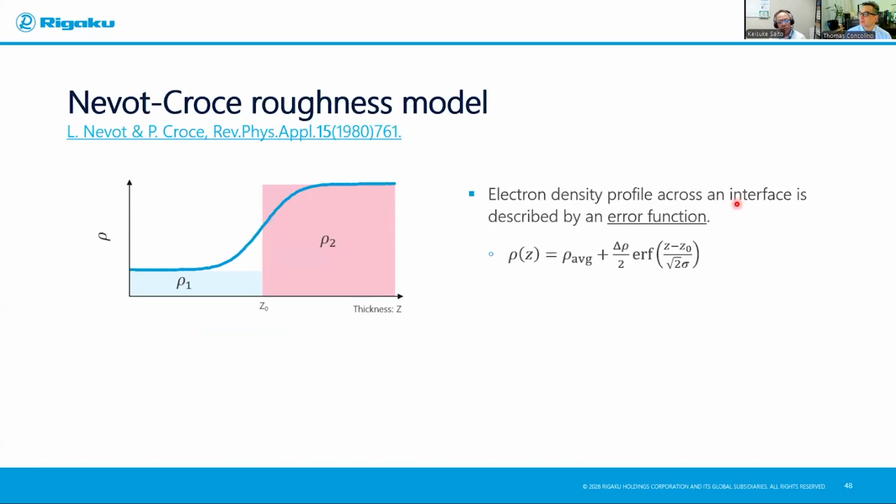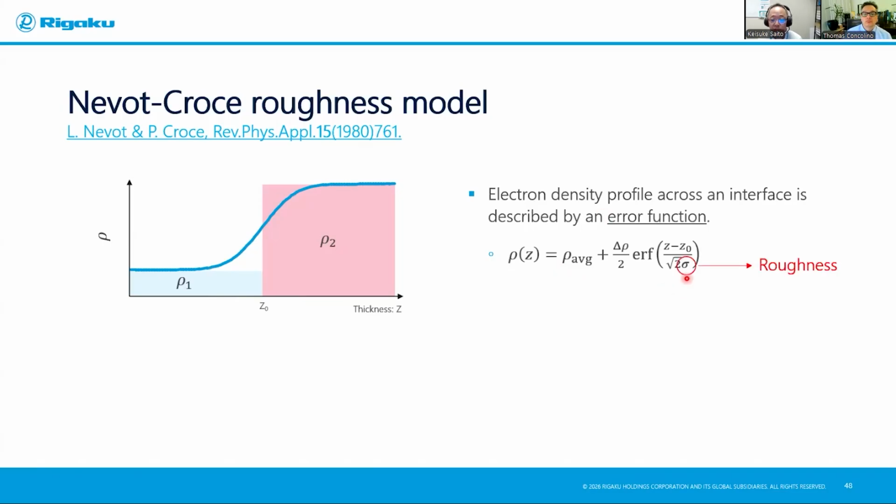So this is the definition of the roughness. We use the so-called Névot-Croce roughness model. Those authors defined the electron density profile at the interface as an error function. Assuming this is the thickness direction, and this is the density of the materials, from rho 1 this is the interface. After the interface, the density increases up to rho 2. Then the blue profile is the error function following this formula.